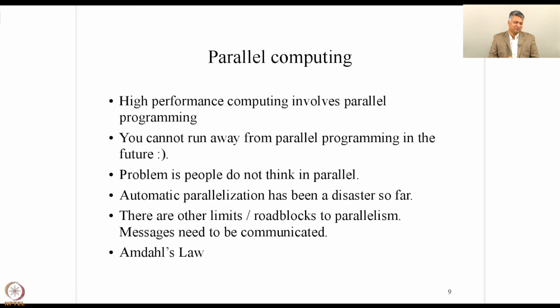I was initially skeptical about it, but I was then convinced by my supervisor to use it. When I tried using this automatic parallel compiler, my code, instead of running twice as fast because it was a dual core machine, actually started running 50% slower. The compiler did not automatically understand the algorithm that I was actually implementing. So it was in my hands to exploit the parallelism rather than in the compiler's hands.